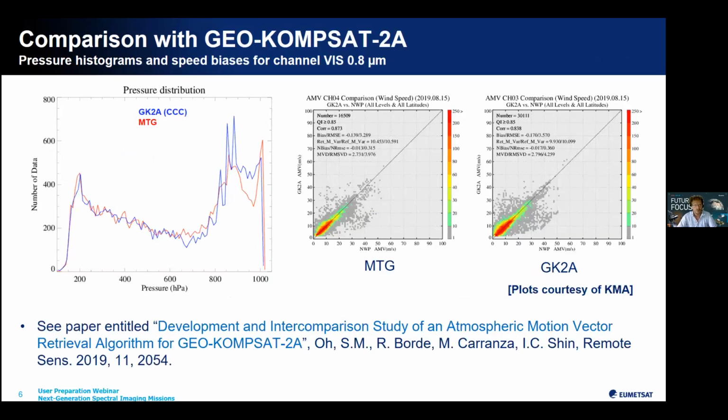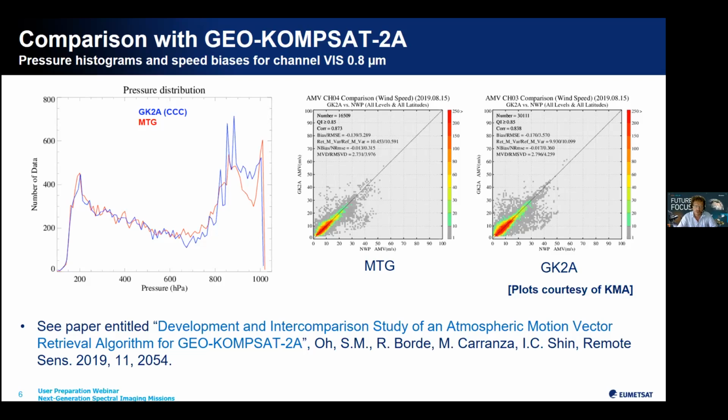This slide shows the comparisons against GeoKompsat. This is extracted from the paper from our colleague from KMA, Mr. O. On the left-hand side, you can see the pressure distribution for both GeoKompsat and MTG prototype code. The results are very similar, and there are some differences at low levels because the setting of the altitude was different for the two algorithms.